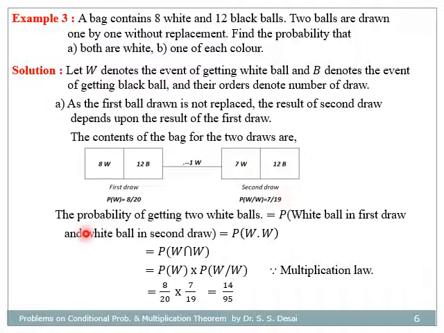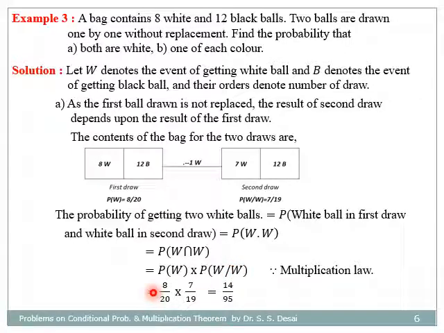And again by the multiplication theorem, the probability of getting 2 white balls is equal to the probability of getting a white ball in the first draw and a white ball in the second draw when a white ball has been obtained in the first draw. That is probability of W intersection W, given by the multiplication law, equal to probability of getting a white ball in the first draw into probability of getting a white ball in the second draw when a white ball has been obtained in the first draw.